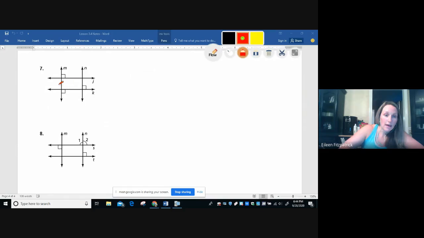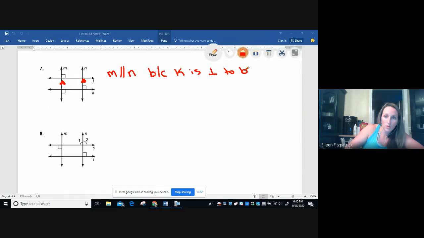You know that M and N are parallel because K is perpendicular to both of them. So you could say M is parallel to N because K is perpendicular to both. That's not like the real theorem, but I'm just explaining it.